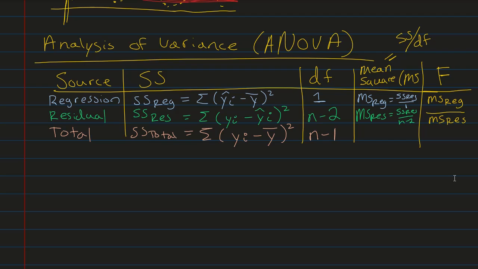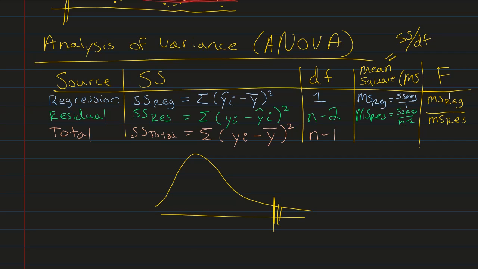If we think about what an F distribution looks like, okay, it's like a skewed distribution looking like this. The mean squares of the regression, if this is a really large number compared to the residual, then that means that the majority of the variability is explained by the regression, which would yield a large F statistic, right?